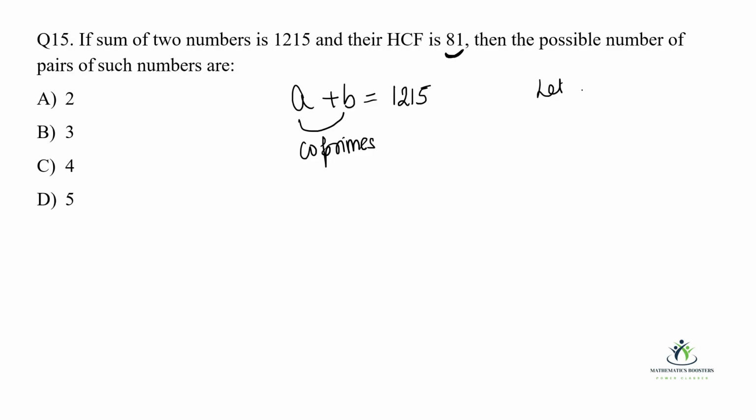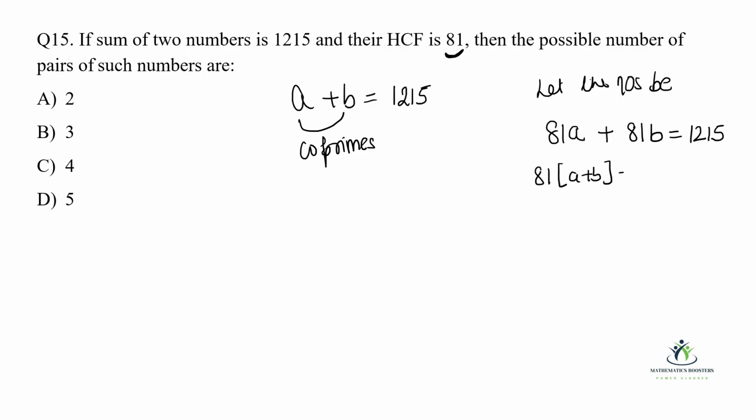So let the numbers be. हमारे numbers क्या हो जाएंगे, 81A, because 81 should be one of the factors, highest common factor, and 81B, 1215. Take 81 common.